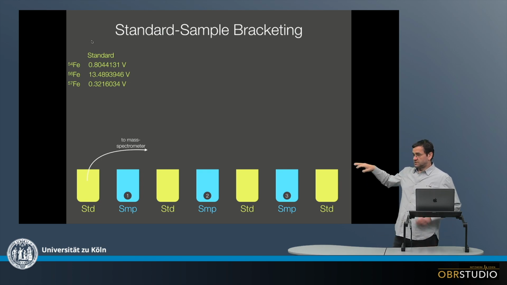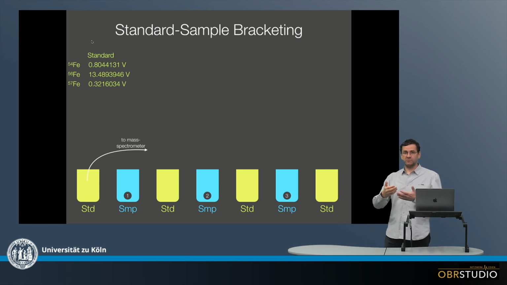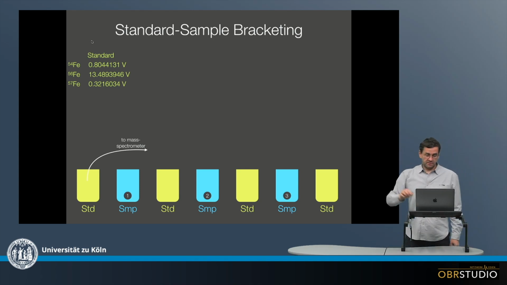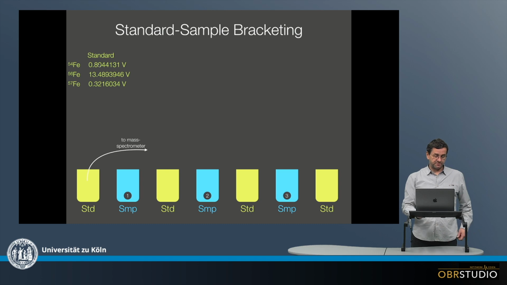The abundances of the iron isotopes are measured using detectors, and the result is given in volts. Above this first beaker there is the result of the first measurement.